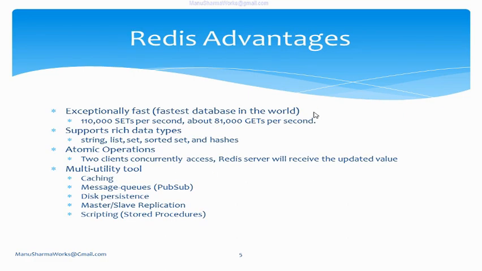So what are the advantages of Redis? Redis is known as the fastest database in the world. It is exceptionally fast. It writes 110,000 operations per second, and it can read 81,000 operations per second.